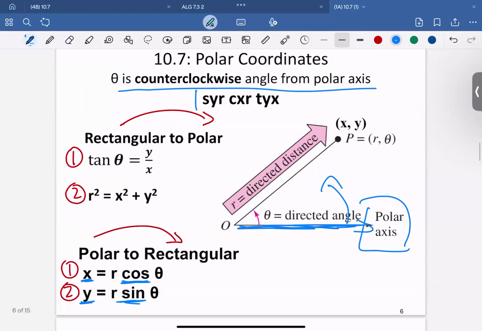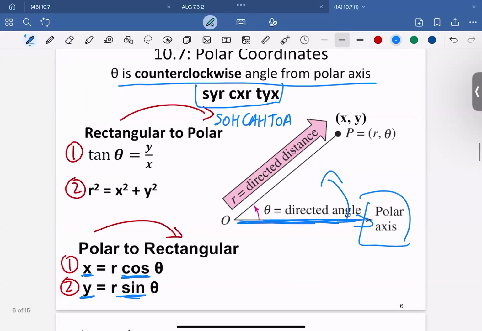There is a small acronym here. This is like the SOHCAHTOA equivalent, but it's much worse because SOHCAHTOA is really nice, just rolls off the tongue, but this is horrible, not super helpful as an acronym.